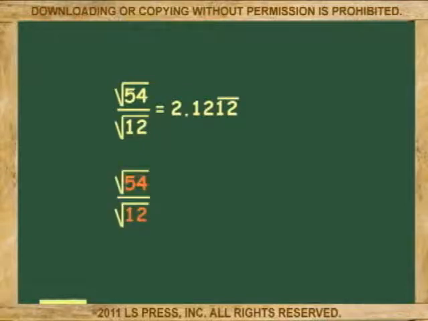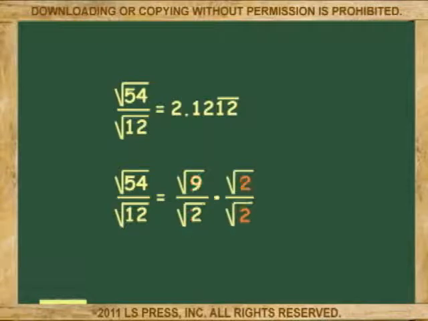If we simplify it first, the 54 and 12 become radical 9 over radical 2, because both 54 and 12 are multiples of 6. Now we multiply the new expression by radical 2 over radical 2, because the radical 2 is the radical in the denominator we're trying to simplify.